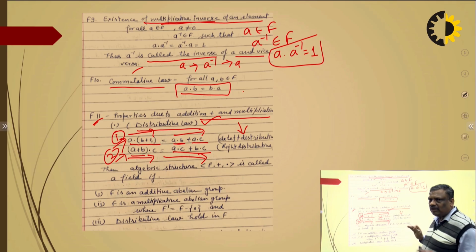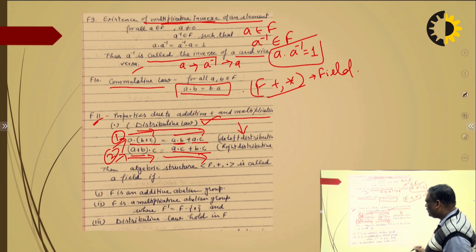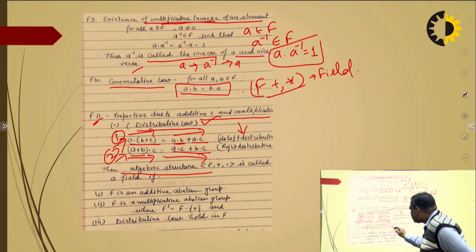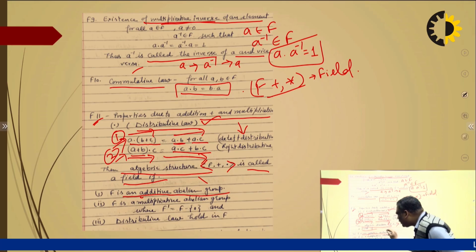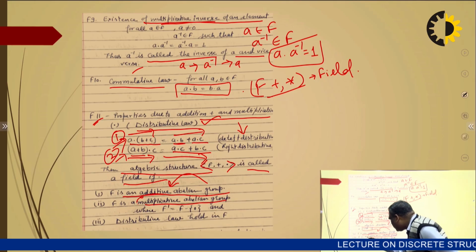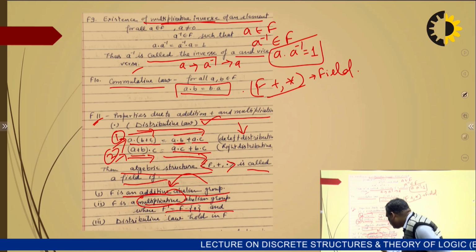So if these 11 properties hold for any set F with respect to addition and multiplication, then we can say that this one is a field. Here, the algebraic structure is called a field if it is an abelian group with respect to addition, an abelian group with respect to multiplication, and holds the distributive law.